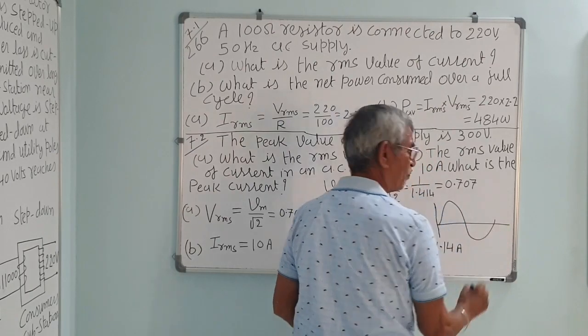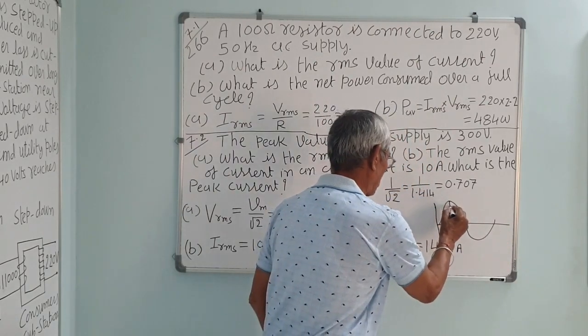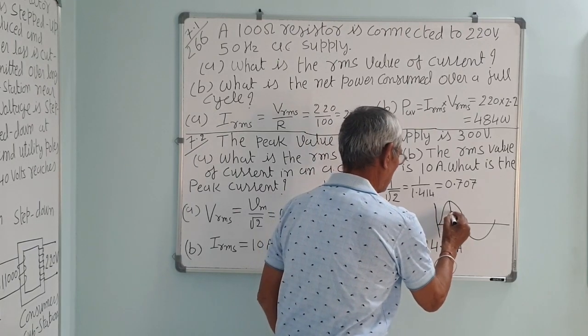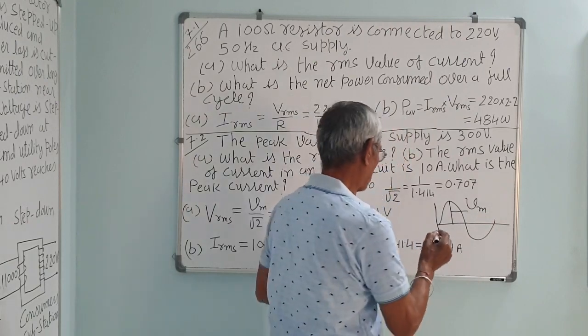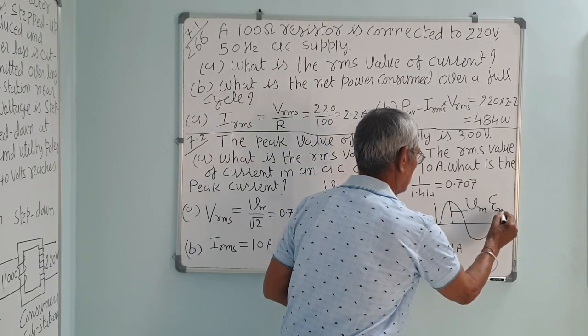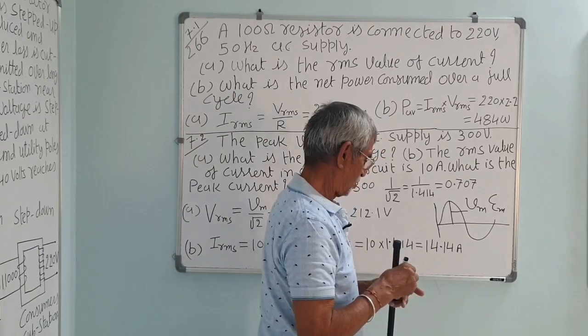You know, in AC the voltage fluctuates. This is the peak value or maximum. This is the peak value, or it is called V maximum also. In some books it is written E maximum, both are the same. Correct? You can use any symbol.